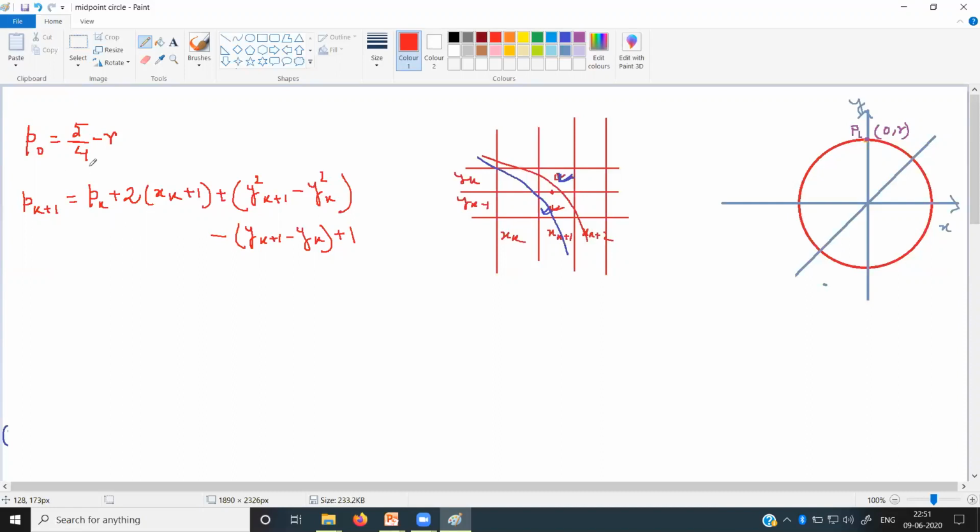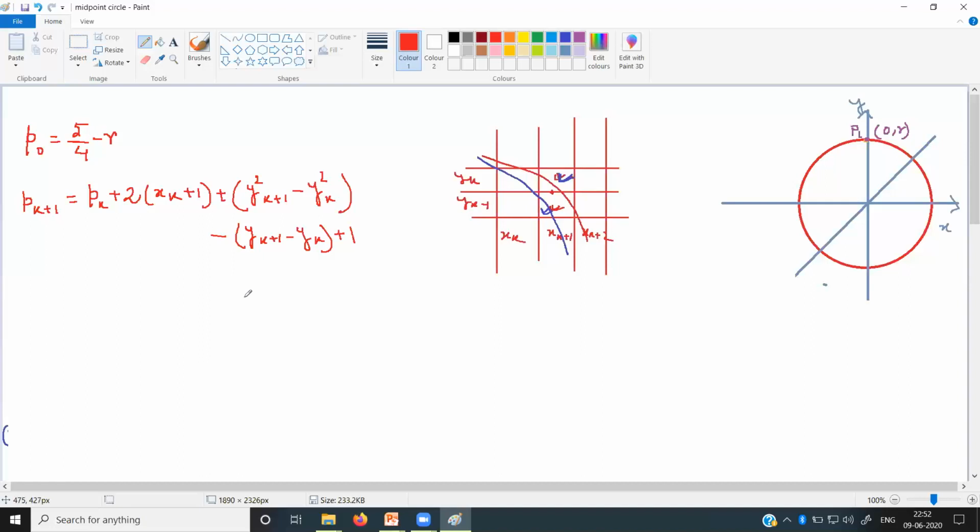Now, P0 is the initial decision parameter, which is 5 by 4 minus R. In my previous lecture, I have already discussed how to derive these two equations. Now, I will show you how to find out the point based on the decision parameter.